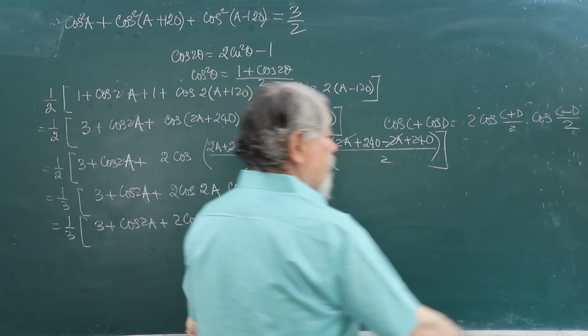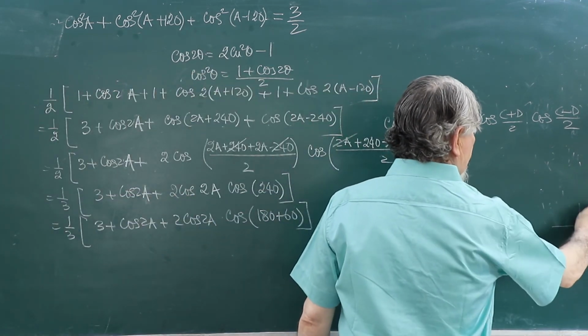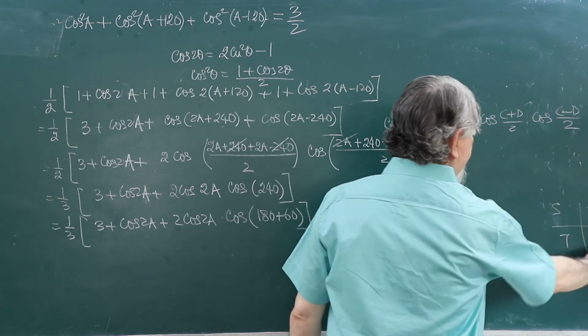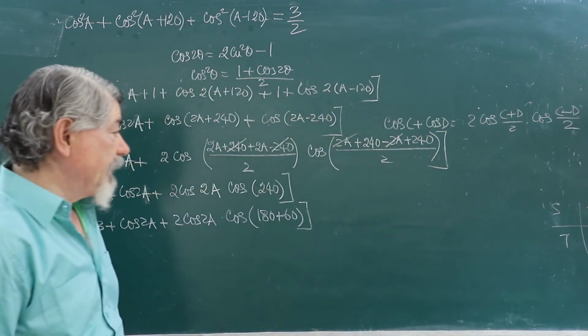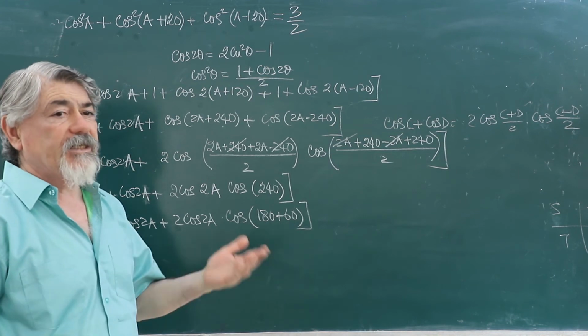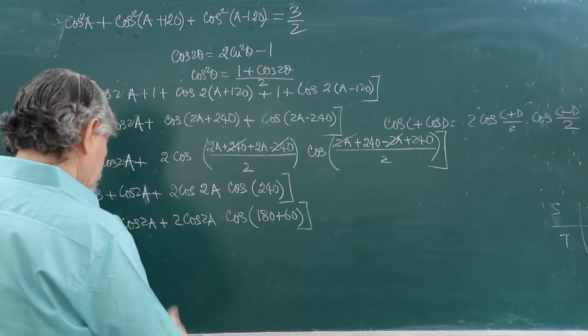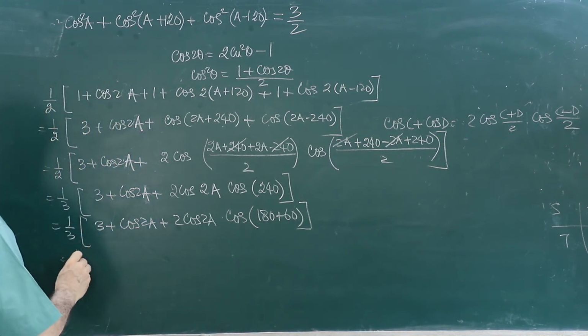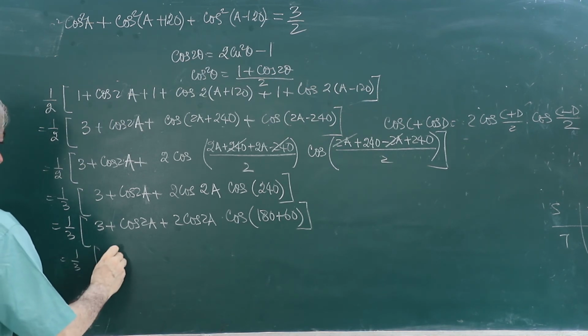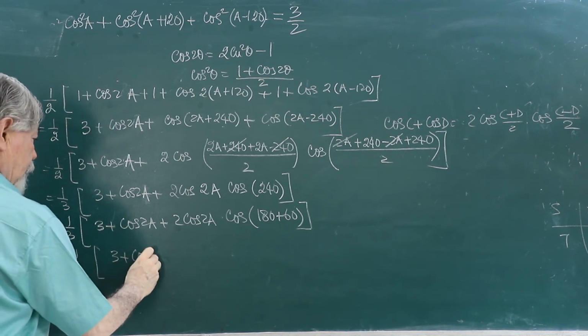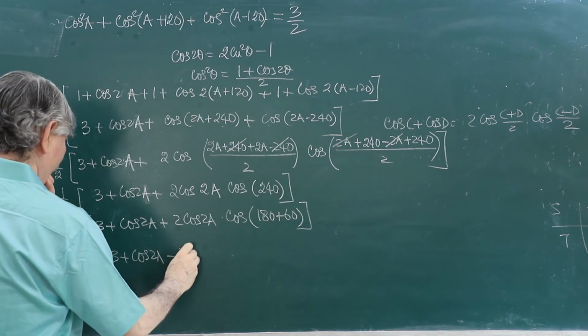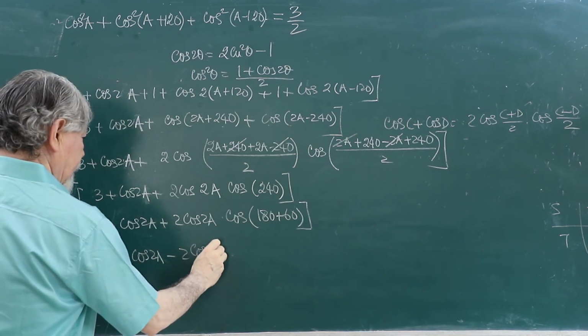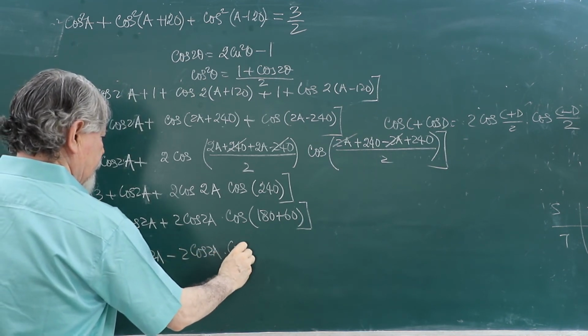In the third quadrant, add sugar to coffee, that means it is going to be negative. Cos 180 plus theta is minus cos theta, so it will become minus here. 1 upon 3, 3 plus cos 2a minus 2 cos 2a, and it will become cos 60.